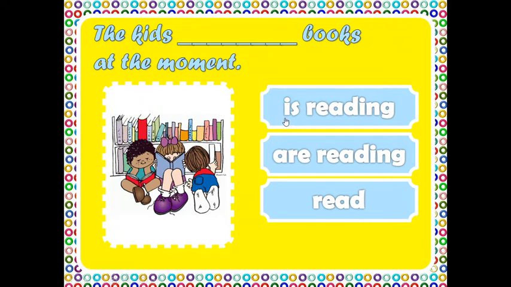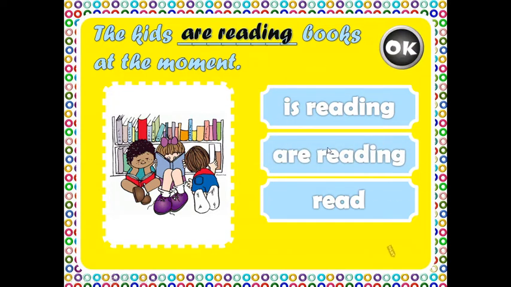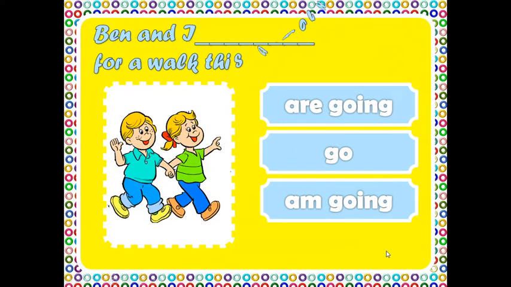Do we say is with the kids? No, because it's plural. We're not talking about the simple present. This is not a routine. It says here at the moment. So the kids are reading. Okay? Are reading. Great.